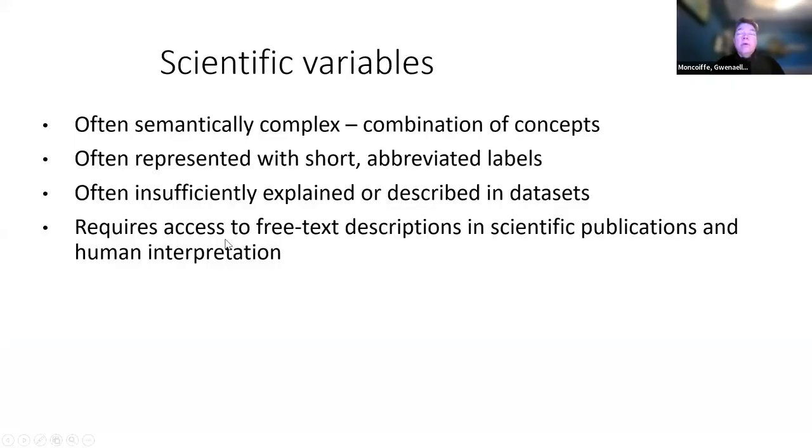As we all know, scientific variables are often semantically complex. They can be a combination of concepts, sometimes proxy concepts themselves. They're often represented with short abbreviated labels, often insufficiently explained or described in datasets. We often require access to free text descriptions in scientific publications and human interpretation in order to make sense of them.